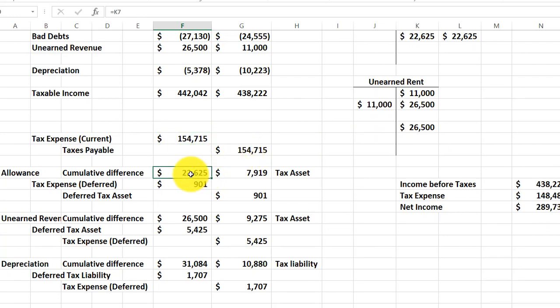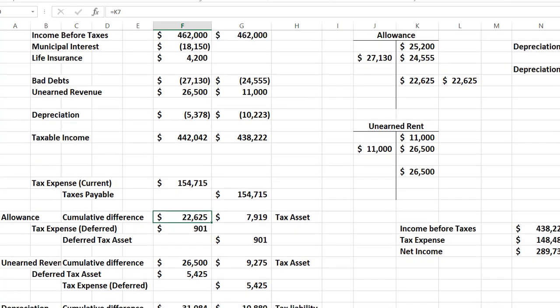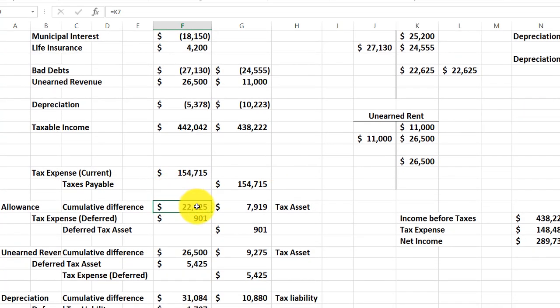Now, for the allowance, our cumulative difference, and remember that's what we want to use to make our adjusting entries, is the allowance at the end of the year. So we look at the allowance in our T account and it's 22,625. Multiply that by the tax rate to get 7,919.